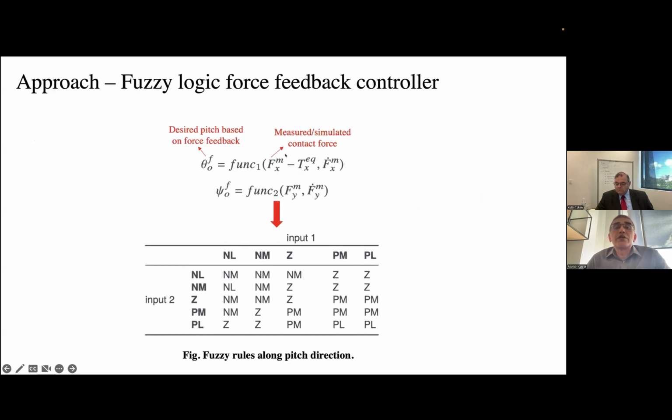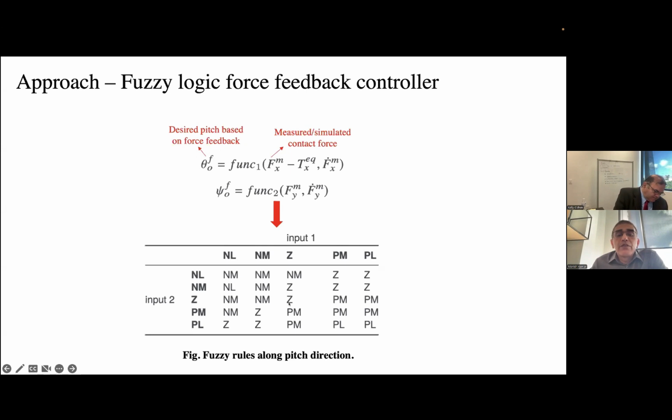One is the difference between the measured force and the equilibrium tension that you want in the tether, and the rate of change of this measured force, to obtain the desired pitch angle, and then the desired yaw angle.